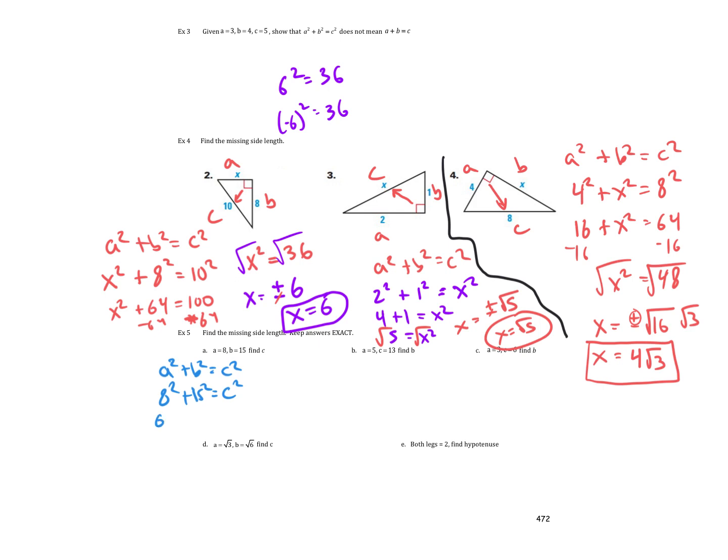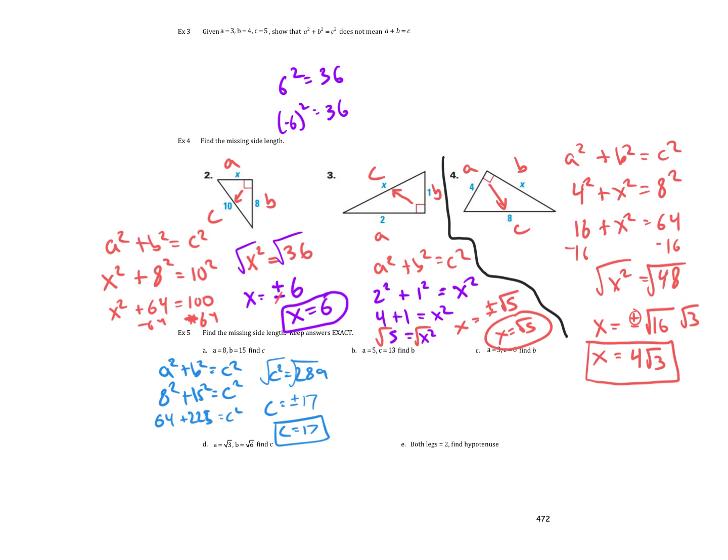That's 64 plus, you might need your calculator, 225 equals c squared. C squared equals 289. And if we square root both sides, you can try it on your calculator, it's a perfect square. C would equal plus or minus 17, but then we just get C equals 17 because we're talking about length, so we need a positive answer.